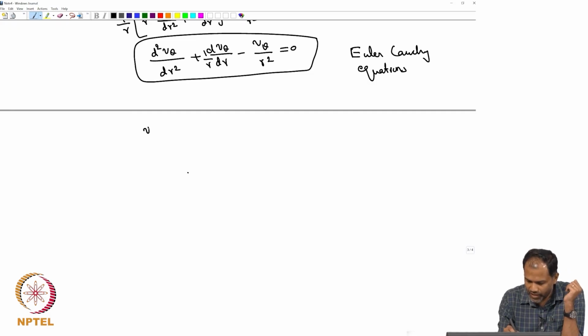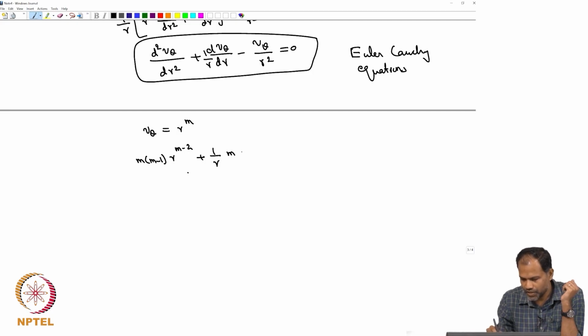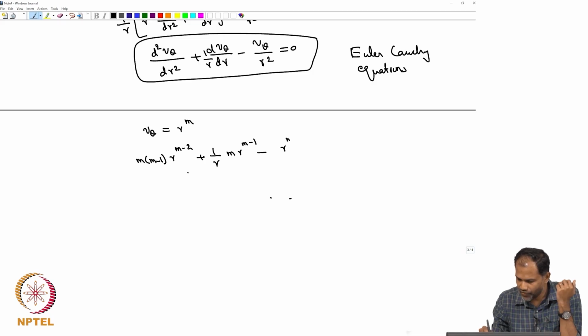So, if you say that v theta is given by r to the power of m, then if you substitute, d square v theta by dr square is m into m minus 1 into r to the power of m minus 2, plus 1 over r into m r to the power of m minus 1, minus r to the power of m by r square is equal to 0.